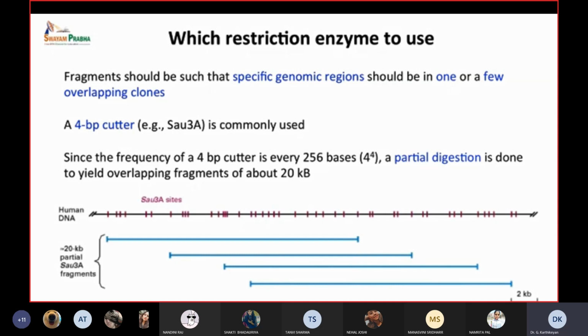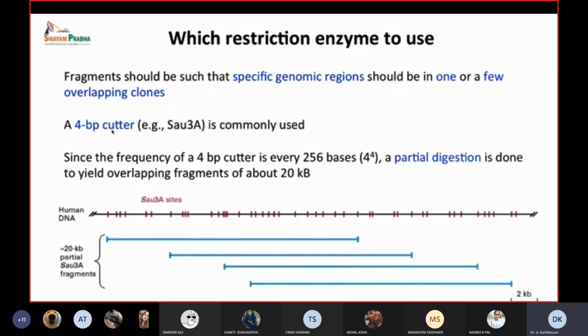But we know that eukaryotic genes are very, very big, and the restriction enzymes will cut indiscriminately, anywhere within the gene. So you will at least try to have a specific genomic region represented by a few overlapping clones so that you can reconstruct that entire genome.